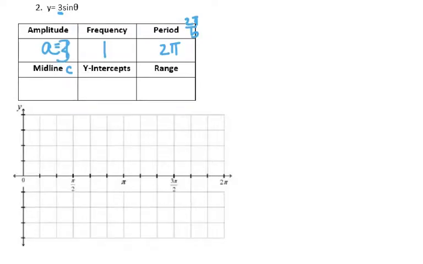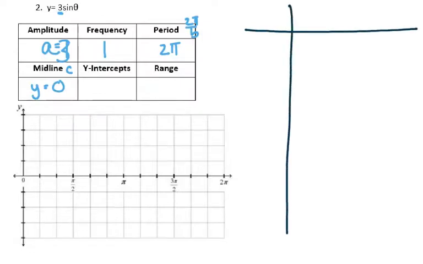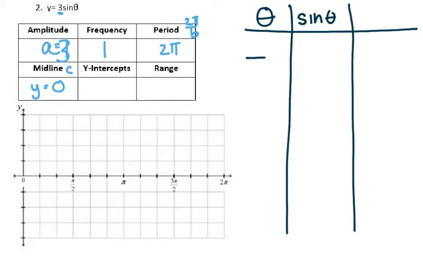Now, again, I'm going to go back to my main parent functions, and if I was to take a look at my basic sine curve in those 5 key points for my input of theta, sine graphs are always going to start at the point (0, 0).